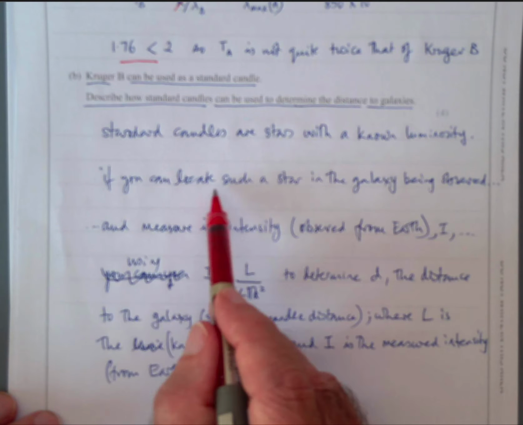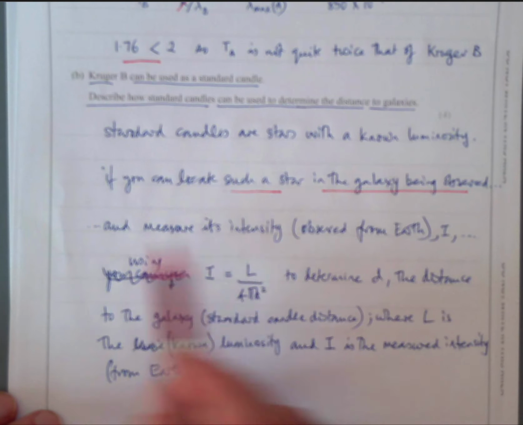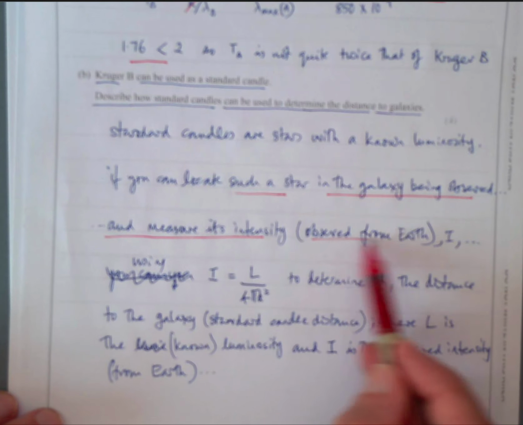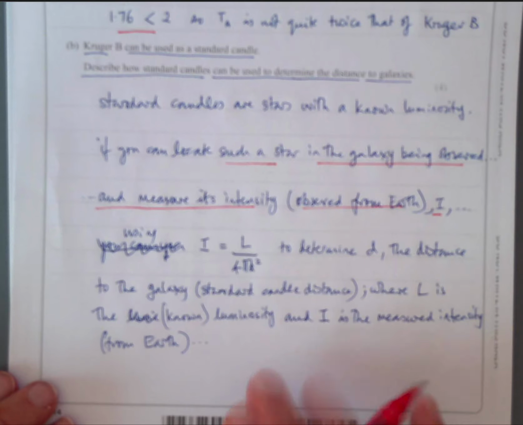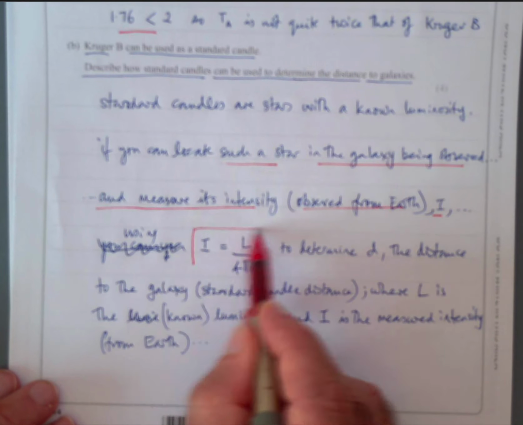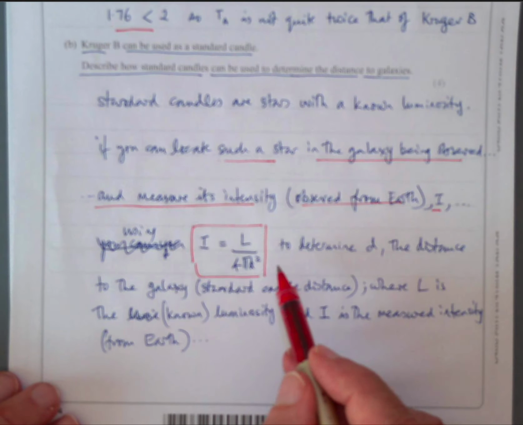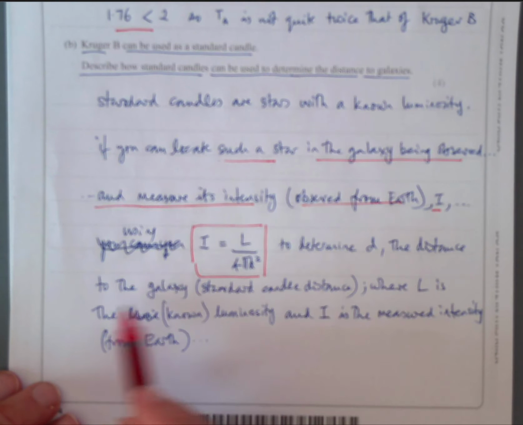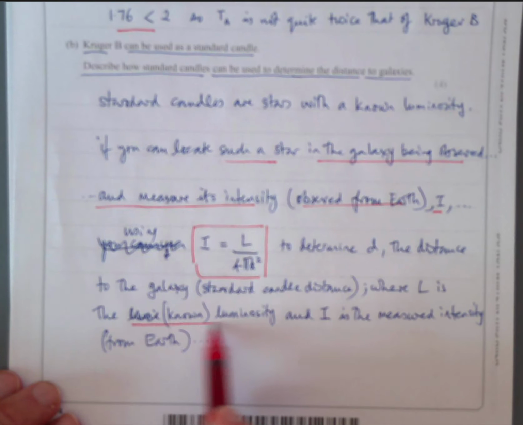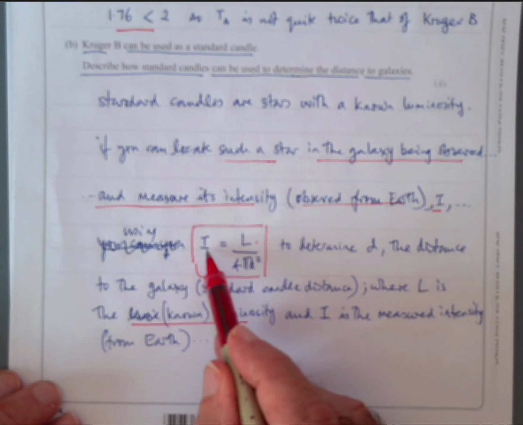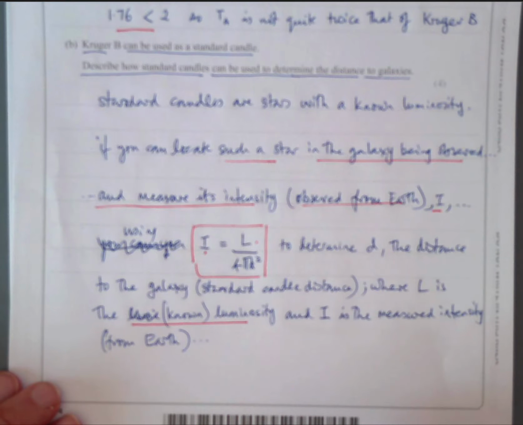If you can locate such a star in the galaxy being observed and measure its intensity from Earth, the intensity I, as we talked about in an earlier question, is given by I equals L over 4 pi d squared, where d is the distance to the star, to determine the distance to the galaxy, and L is the known luminosity. Once you know the luminosity and can measure the intensity of a more distant one, you can use this equation to work it out.